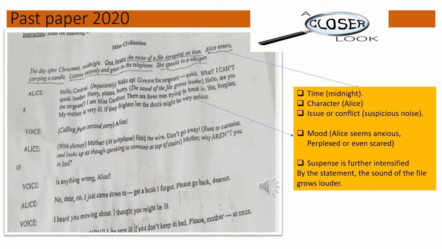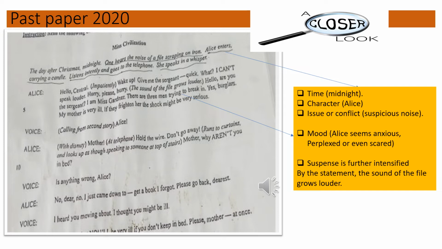And then the sound of the file grows louder. So in terms of mood, Alice seems somewhat anxious, perplexed, scared, or worried. And then suspense is further intensified by the statement, the sound of the file grows louder.